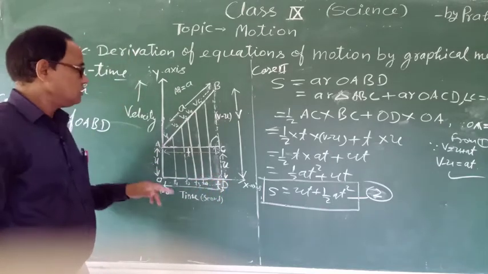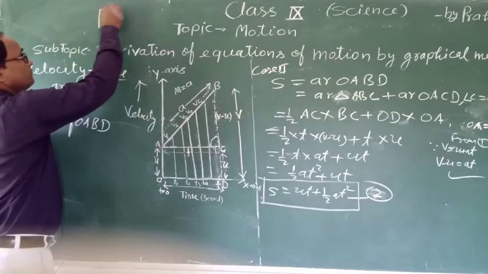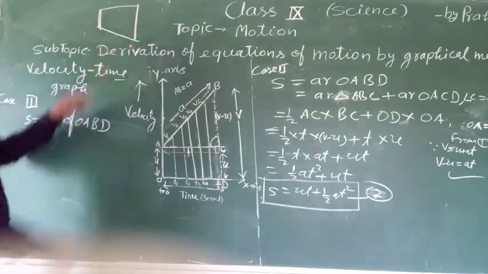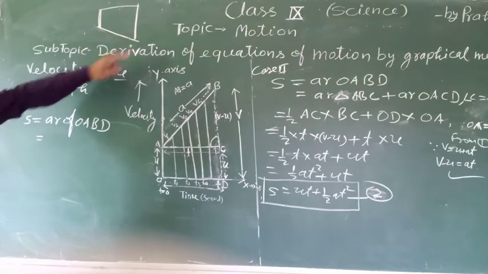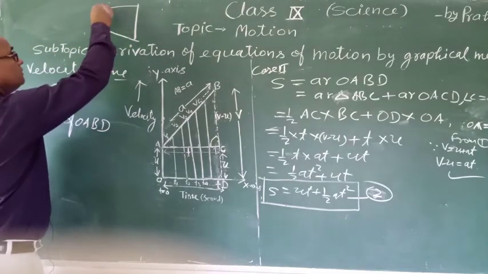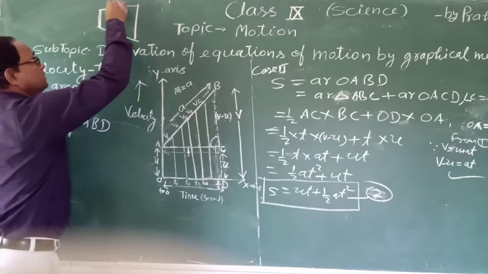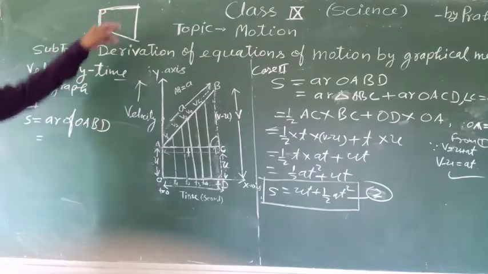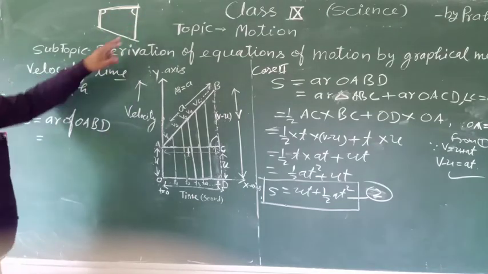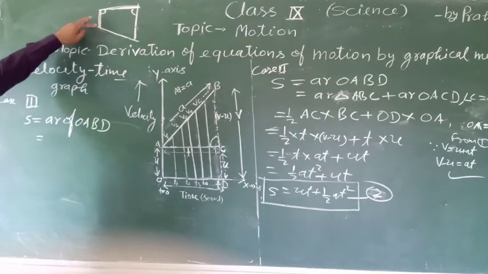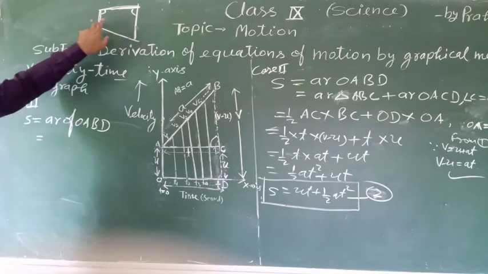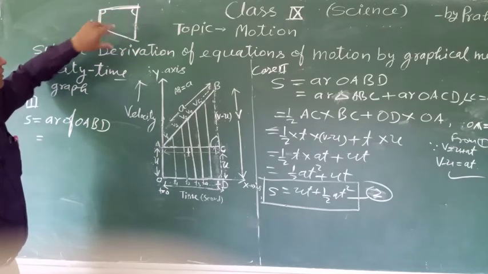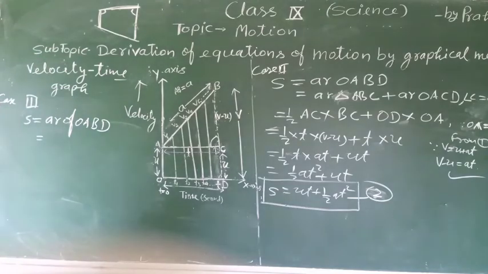So okay student, this shape is a trapezium, and this is the perpendicular line on this. This parallel to this, the sum of these sides and the perpendicular line divided by 2 is the area of the trapezium.